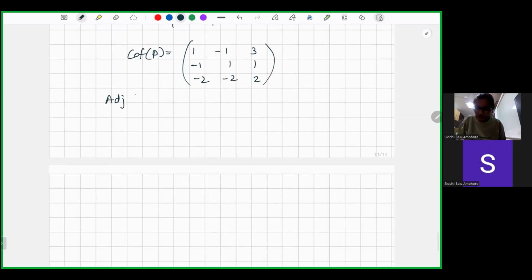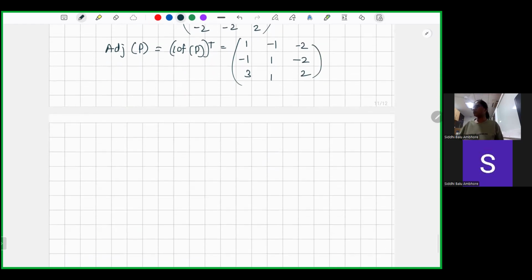So adjoint matrix of P will be just transpose of cofactor matrix. And this will give me 1 minus 1, 3, minus 1, 1, 1, and -2, -2, 2. And so therefore, this P inverse will be 1 by 4 this 1 minus 1 minus 2, minus 1, 1, -2, 3, 1, 2.